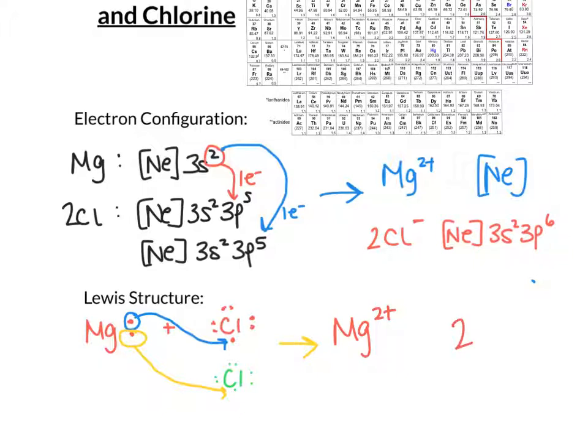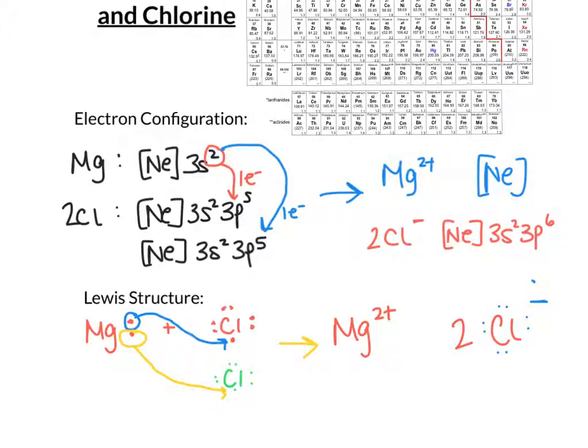And we have 2 chlorines. Now chlorine has gained an electron, so it hasn't lost them. It had 7, it gained 1, it has 8. So we're going to draw those 8 valence electrons on chlorine. And each of those chlorines now has a minus charge.